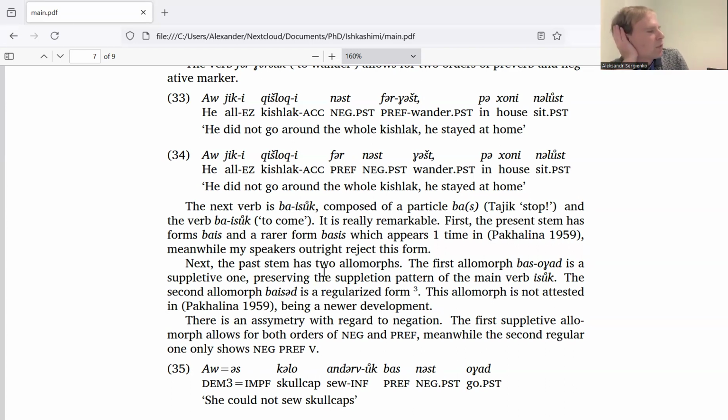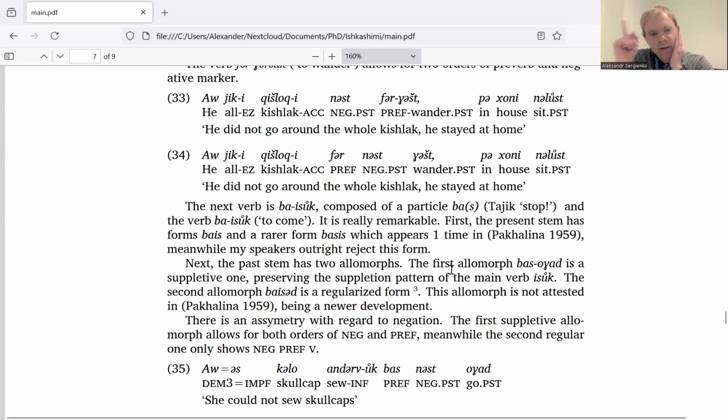So basically, I'm going would be like as isam, right? I have gone, I don't know, so something like this. In the past would be azam ogat, right? So one strategy to use bas isuk in the past tense is to have a suppletive form of the verb, the same as in proper isuk.